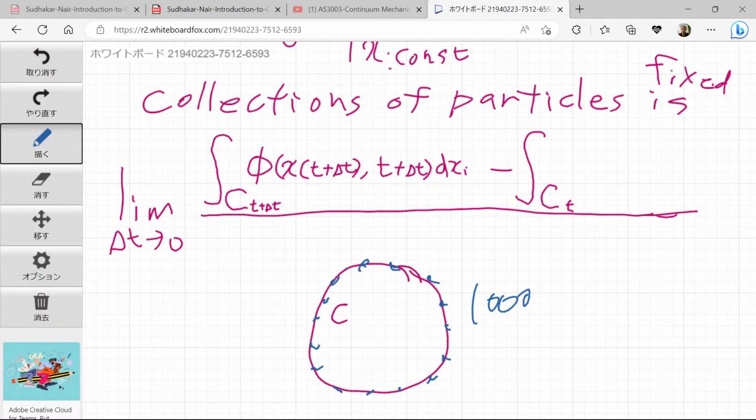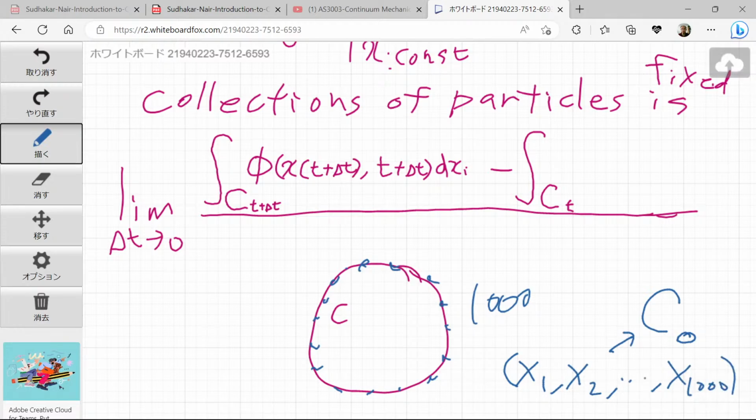But this contour C may change, right? Originally, C was C0, with particles x1, x2, up to x1000.